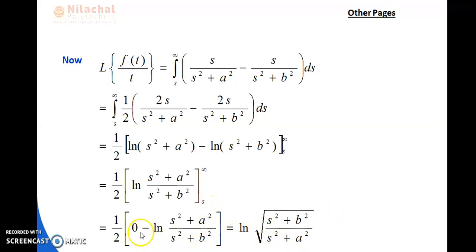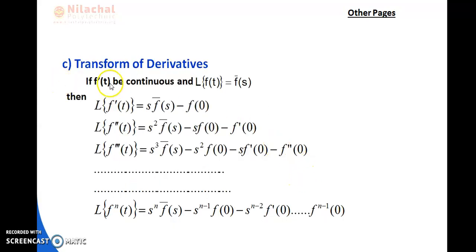Then minus is also present in the power, means the denominator and numerator will be interchanged: (s square plus b square) by (s square plus a square). Okay, so like this you will find Laplace of f of t by t. Many more questions are there, so you will follow this process. Clear? So these are the division by t. Then come to transforms of derivative.